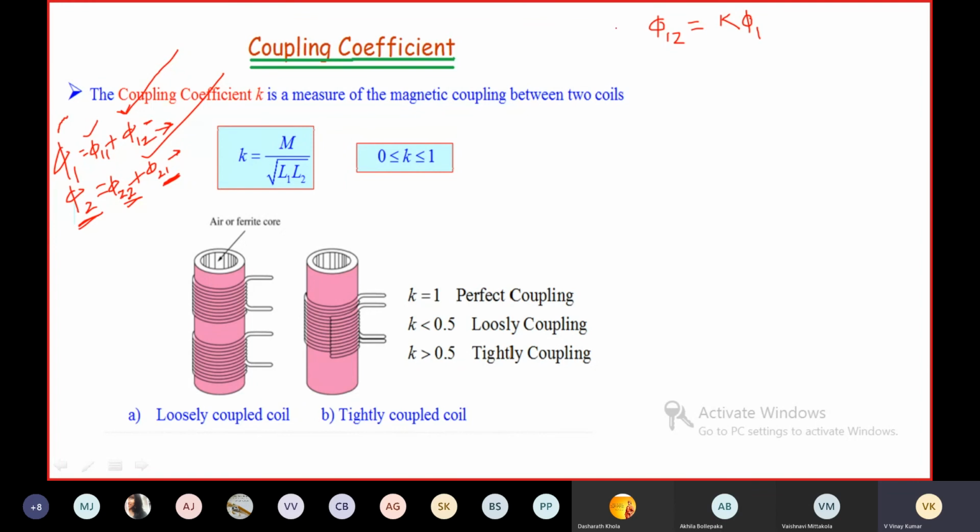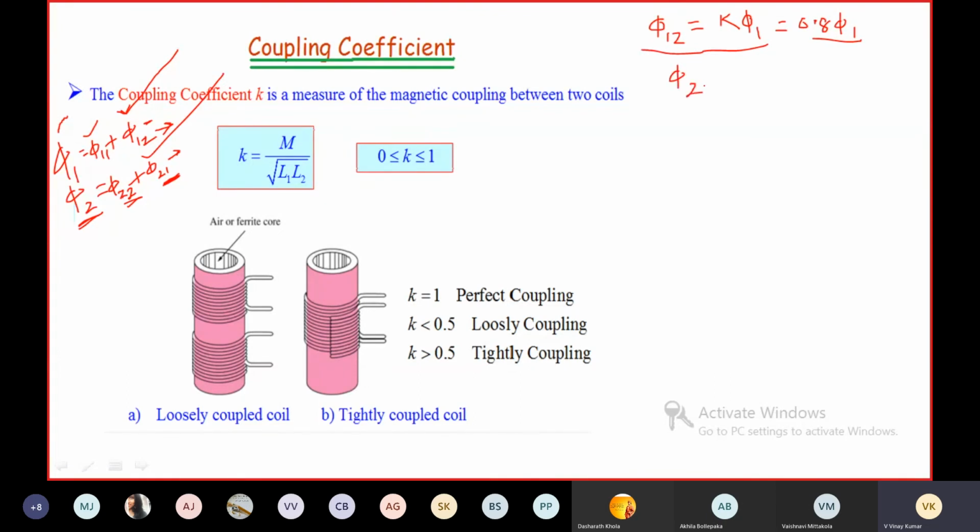Right? So that's why φ12 is equal to K into φ1. If K is equal to 0.8, it means 80% of φ1 is linking coil 2. 80% of total flux, total flux is φ1, right? Linking coil 2. Okay, that's why φ12 can be written like this.